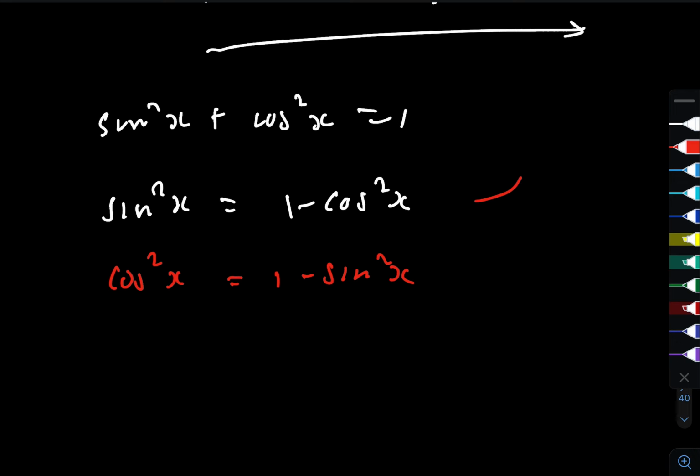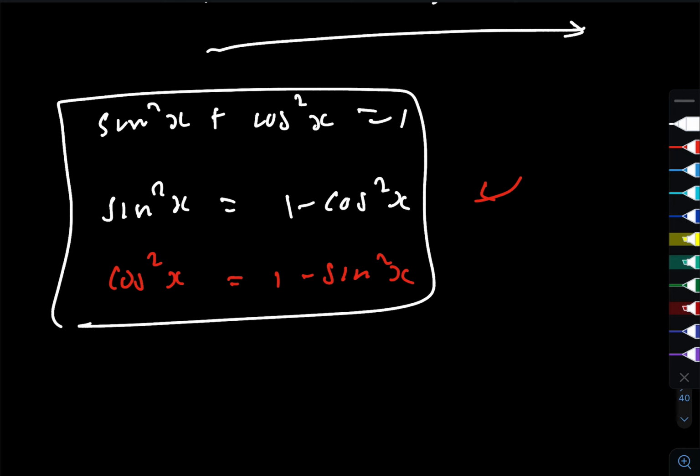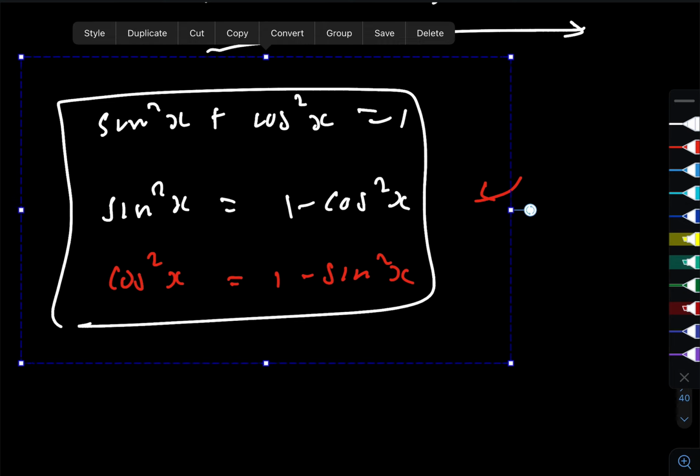These are our square identities. Simple as that. This is all you need to remember. If you can remember this, then doing trigonometric equations, as well as trigonometric identities, involving square identities will be easy for you to do. Just these ones are enough.